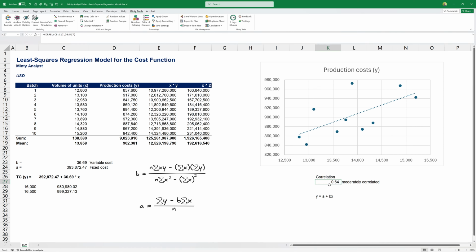This is why we checked this here and showed that these are moderately correlated. And the other thing is that we need the data to be normally distributed. Otherwise, the method might yield unreliable results. But we can almost always mitigate that by just adding more and more data points to our sample.